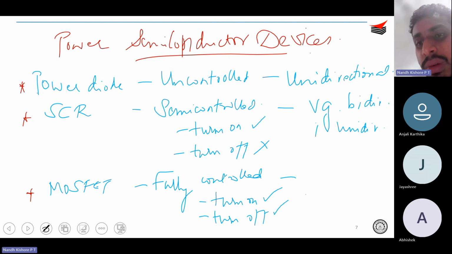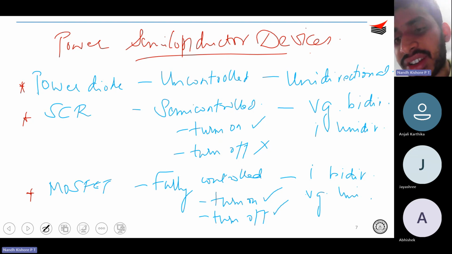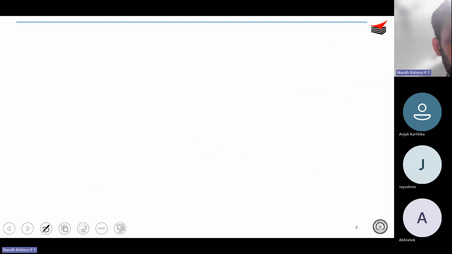So in the case of a MOSFET, it is current bidirectional and voltage unidirectional. And then you have what are called BJTs or IGBTs, correct?